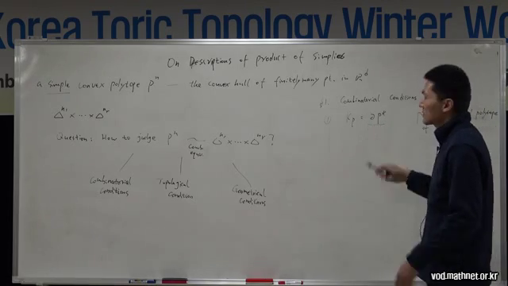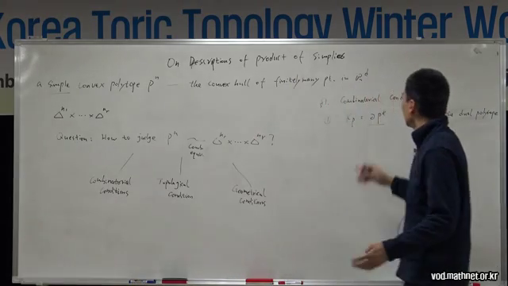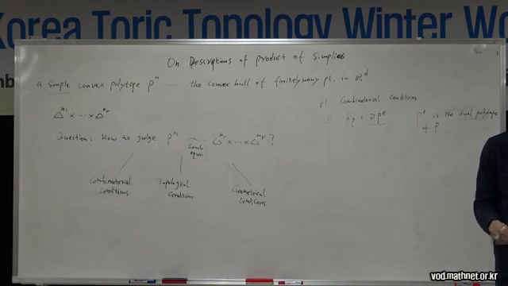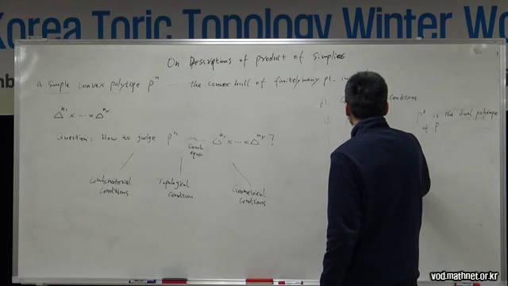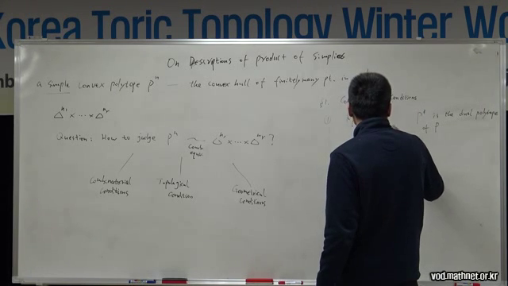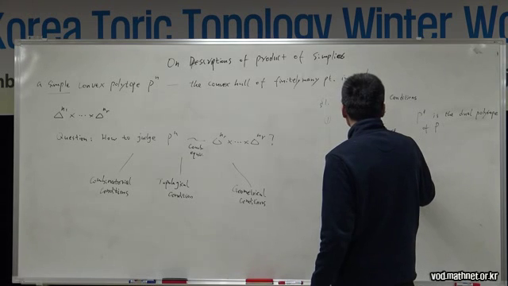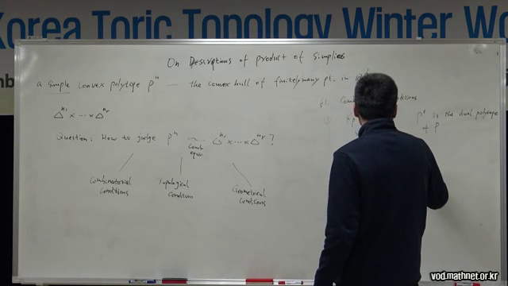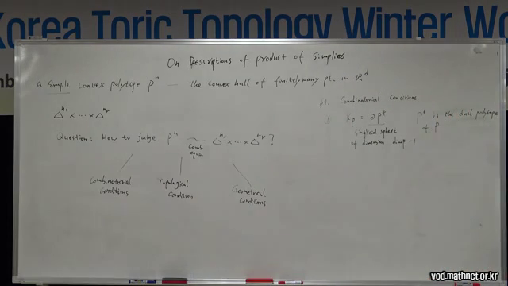And the boundary, if the dimension of P is n, is an n-1 dimensional simplicial sphere. K_P is a simplicial sphere of dimension n minus 1.